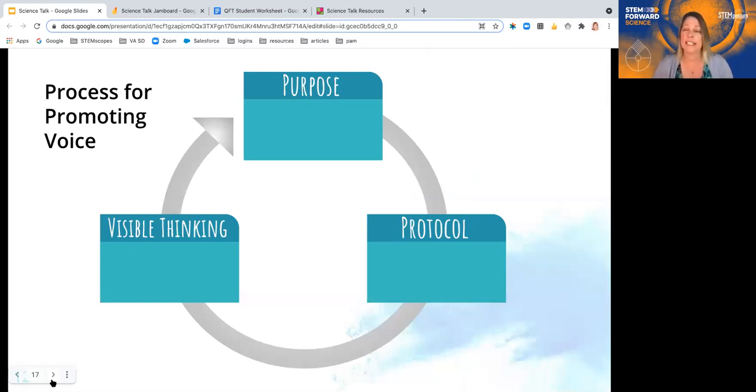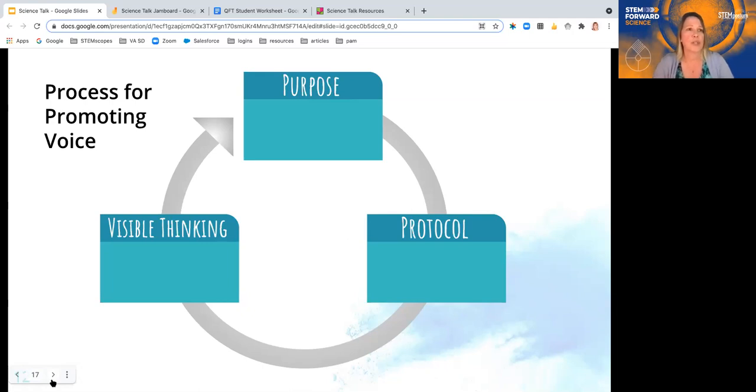We put it in a cycle rather than something linear because we didn't see it as one after the other; they all go together, and you can't really separate them. You have the purpose, the protocol, and that piece of visible thinking. How are we going to have the students show what they are thinking and learning?